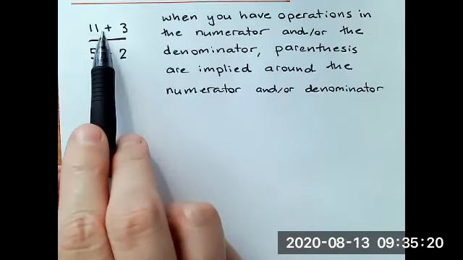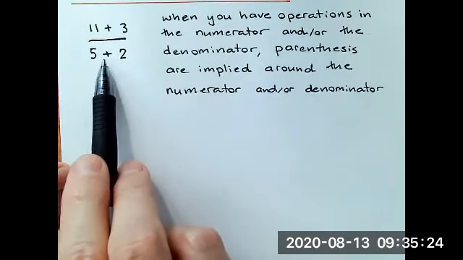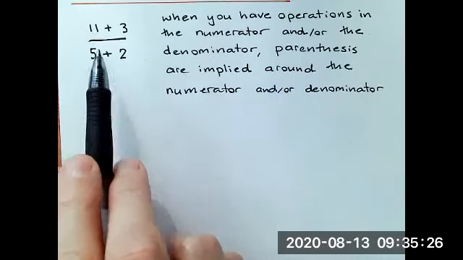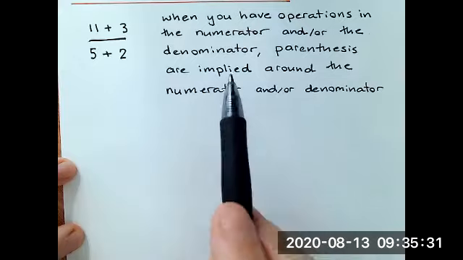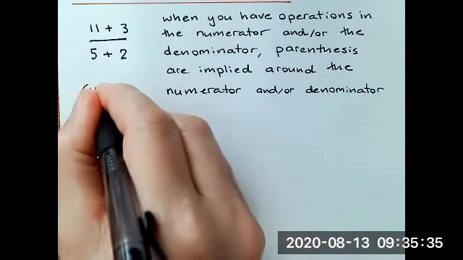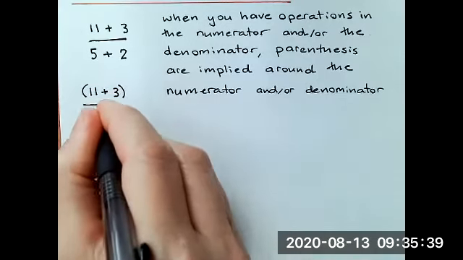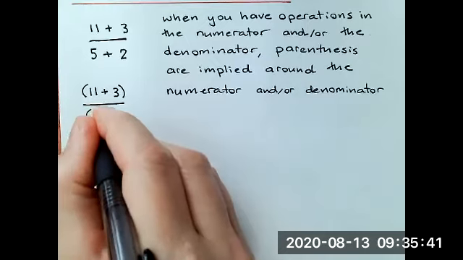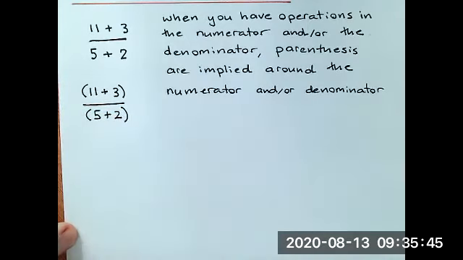So when you have operations in the numerator and the denominator, or just one, parentheses are implied. What does that mean? It means you have to do the problem as if there are parentheses around the numerator and the denominator.